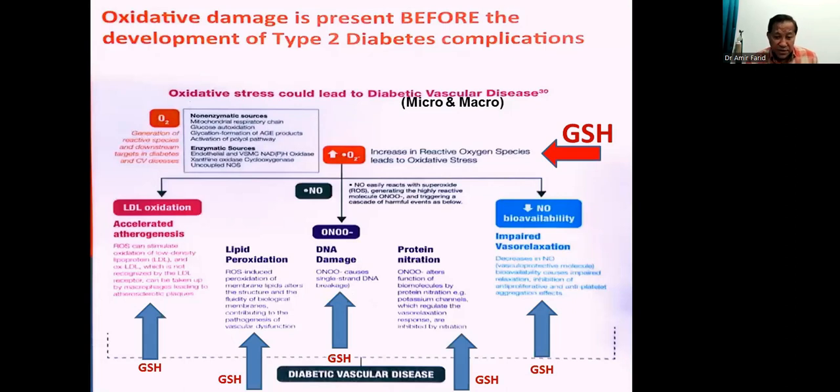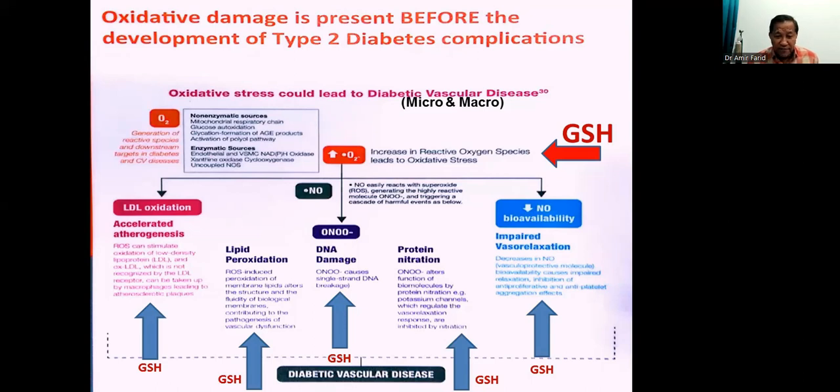I remember this chart earlier on, I showed that the oxidative damage is present even before the complications appear, and this oxidative damage is caused by a whole range of unstable molecules, reactive oxygen species, reactive nitrogen species.